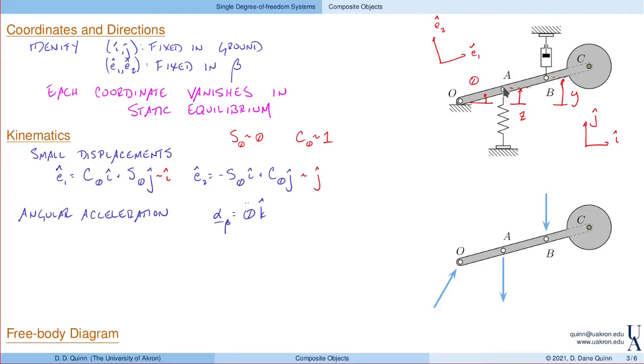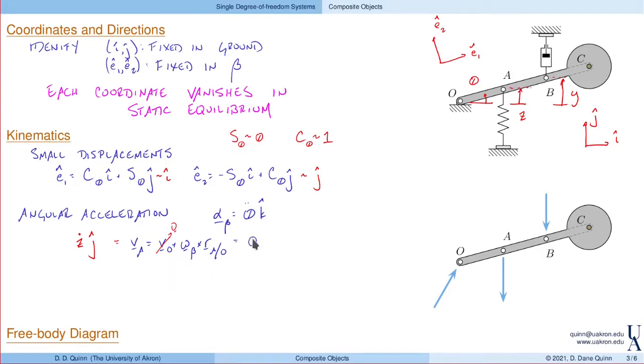So to do that, I'll look at the velocity of A and then the velocity of B. All right, so here the velocity of A is the velocity of O plus the angular velocity cross R of A with respect to O. Okay, well, what is that? Here, the velocity of A can be directly written in terms of Z. Right, so this is Z dot in the J direction. Now, the velocity of O is 0, because O is pinned to the ground.